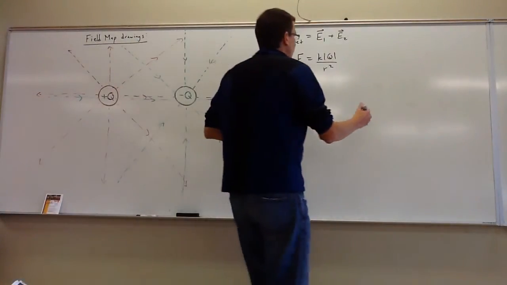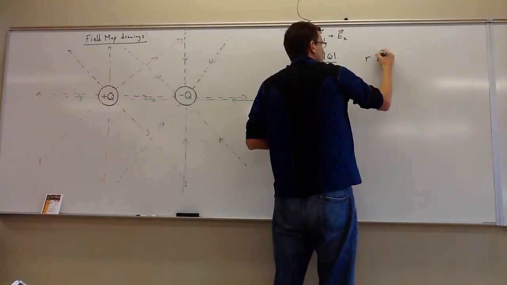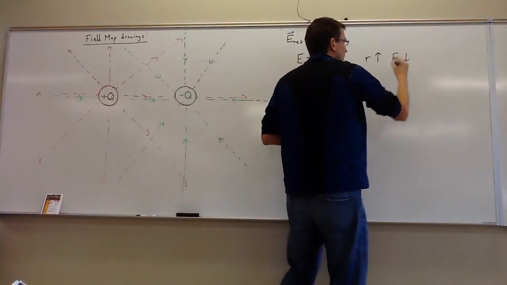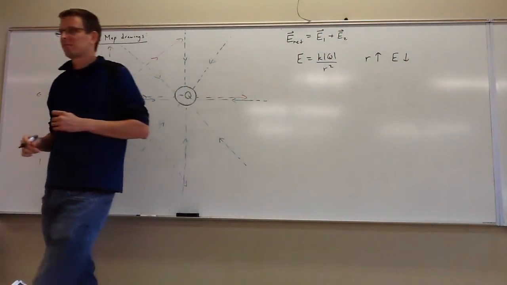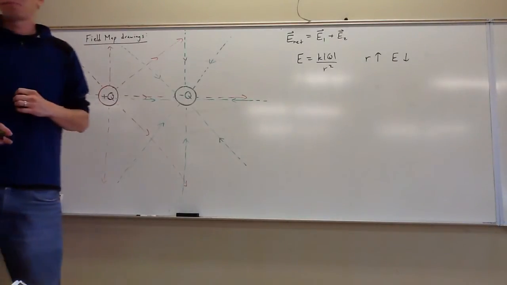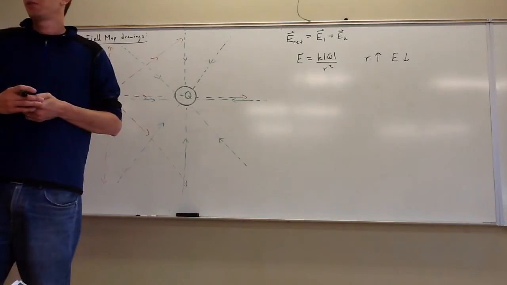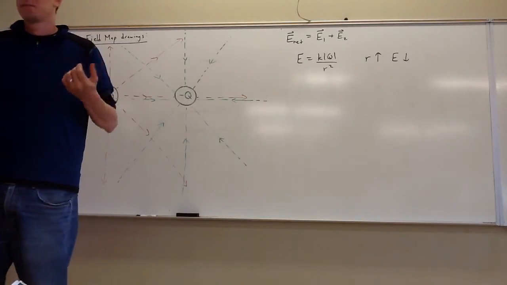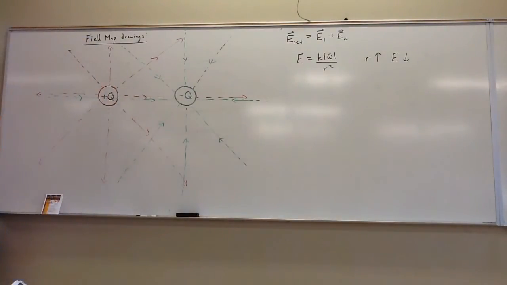So for instance, one of the things we know is that if you go further away from a charge, its electric field gets weaker. In fact, it's an inverse square law. If you double the distance, the field will drop to 1/4 of its previous value. You can say things like that. And so, I'm going to use that to my advantage.